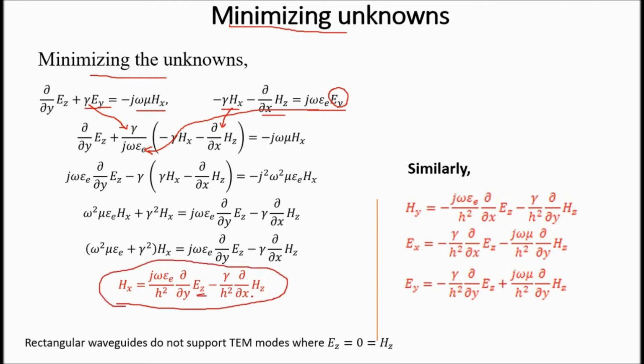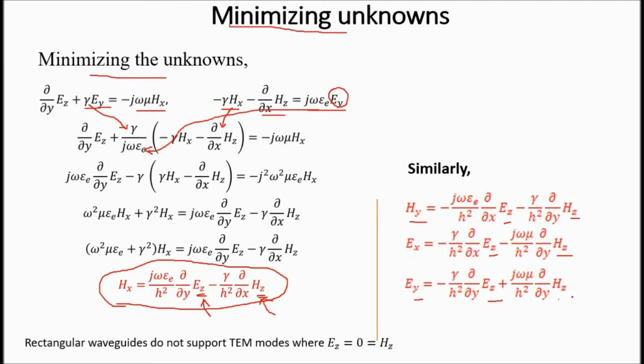So if you look at the final expression here, we get Hx in terms of Ez and Hz. Similarly, if we take other expressions, we can find Hy in terms of Ez and Hz, Ex in terms of Ez and Hz, and Ey in terms of Ez and Hz.